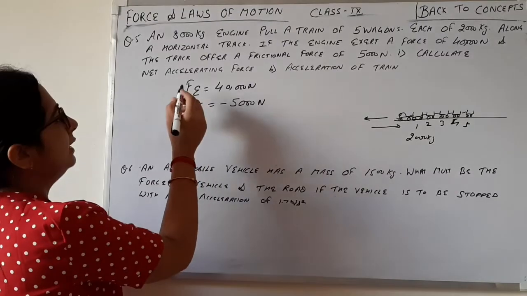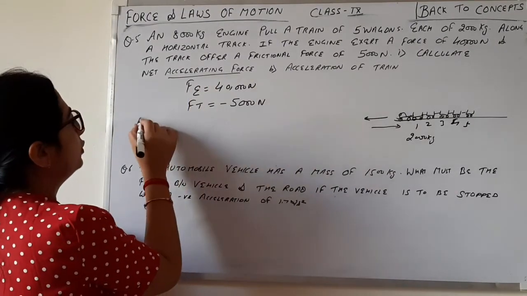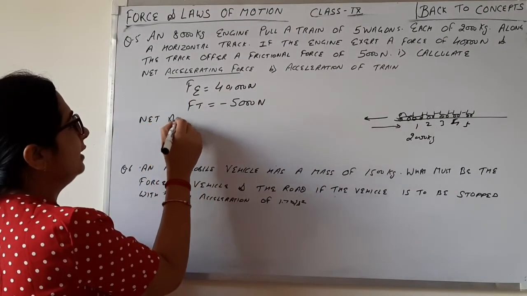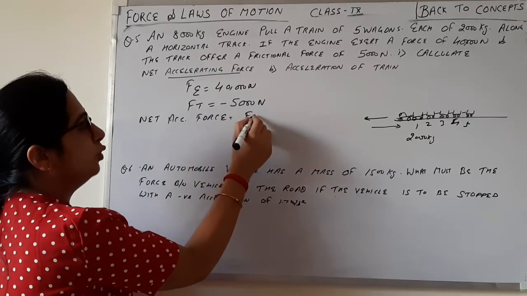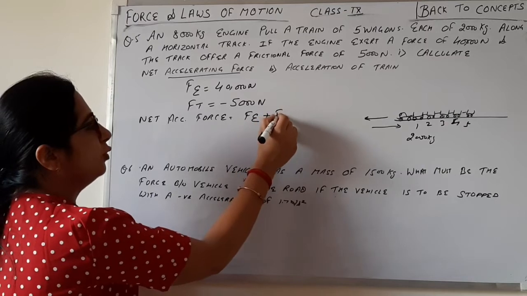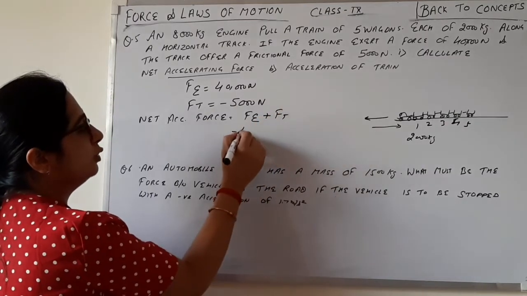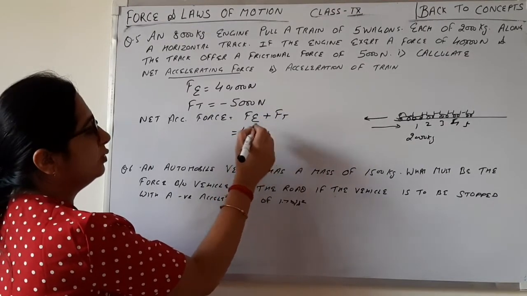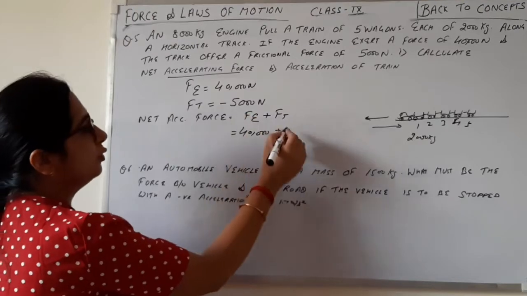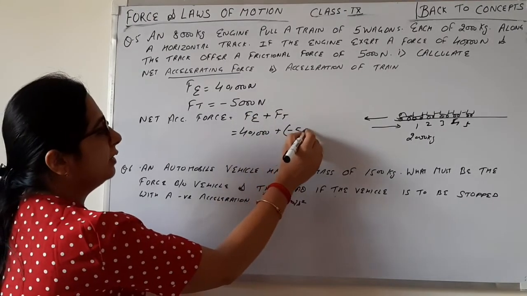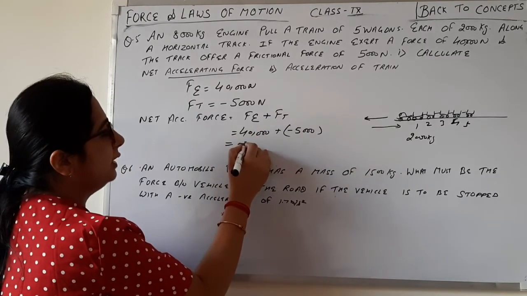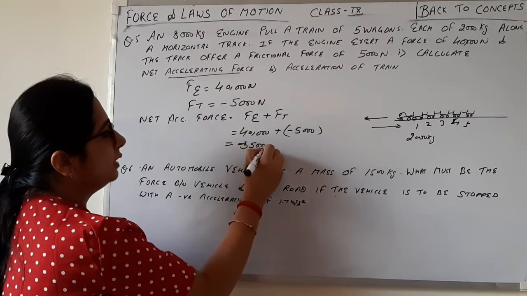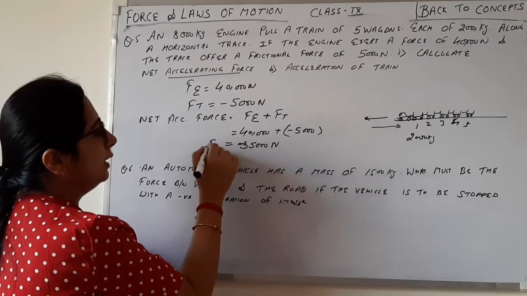So what is the net accelerating force? Net accelerating force is equal to force of engine plus force of track. What is the force of engine? 40,000 Newton. And what is the force of track? -5,000 Newton. So it will become 35,000 Newton net force.